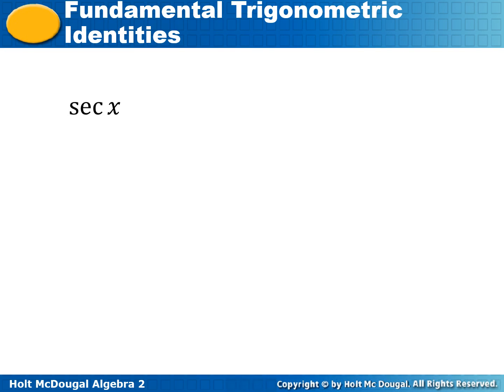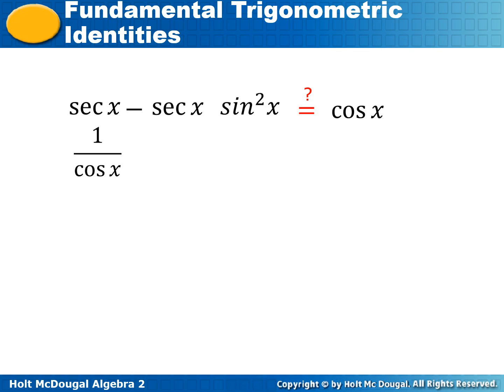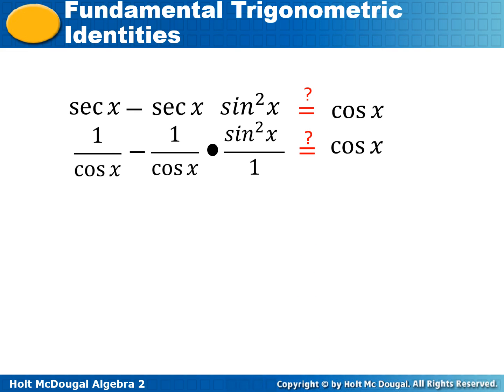Now let us have other examples. So we have secant x minus secant x times sine squared x. Is it equal to cosine x? So from here, we are going to rewrite secant x as 1 over cosine x. Then we are going to rewrite the other secant x as 1 over cosine x, then we are going to have sine squared x over 1. Is it really equal to cosine x?